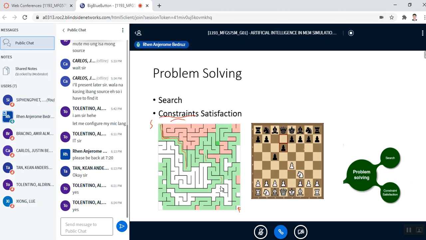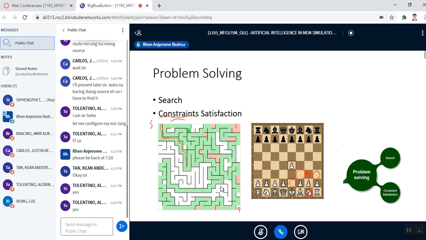Another example of constraint satisfaction is the game of chess. For example, you have a knight here, and that knight can only move in a particular direction. In this case, two moves forward or to the side, and then one move to either of the sides.